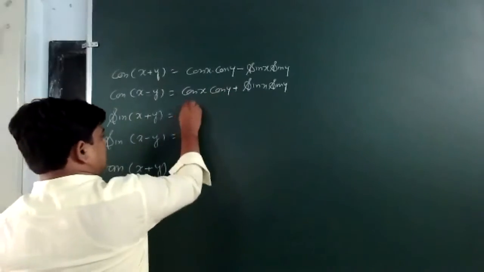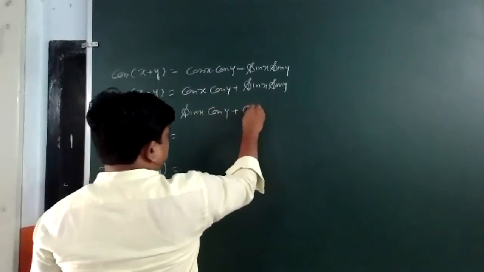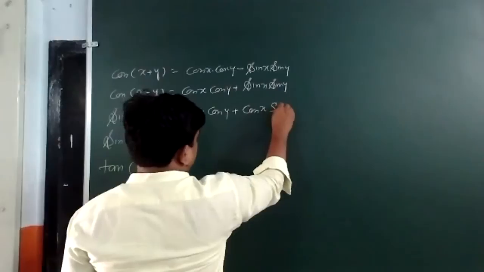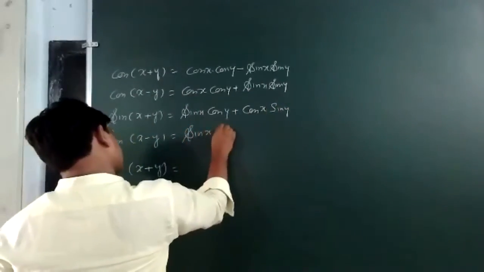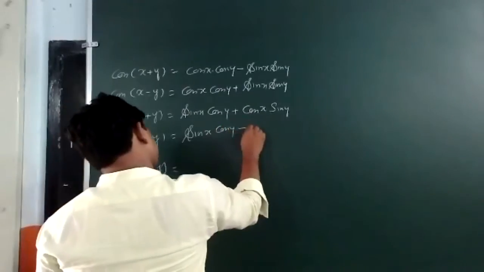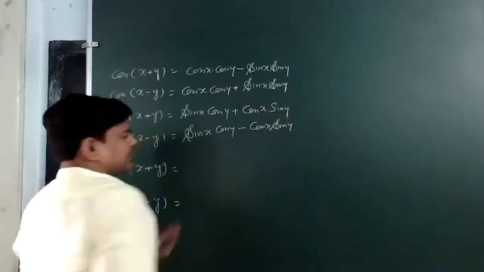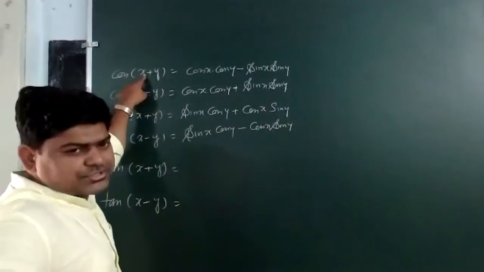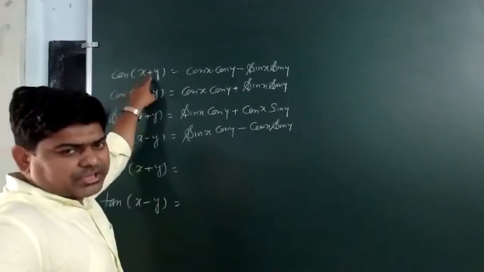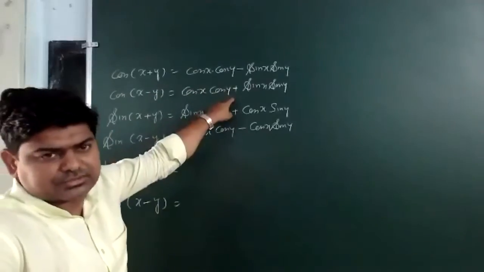Here you can see sin x cos y plus cos x sin y, and sin x cos y minus cos x sin y. You will learn this formula with one concept. When it was cos x plus y, then it is minus; now when it is minus, then it is plus. That is the first thing.